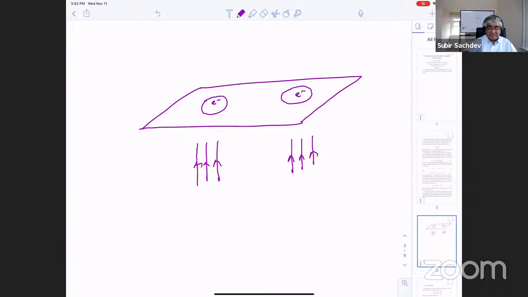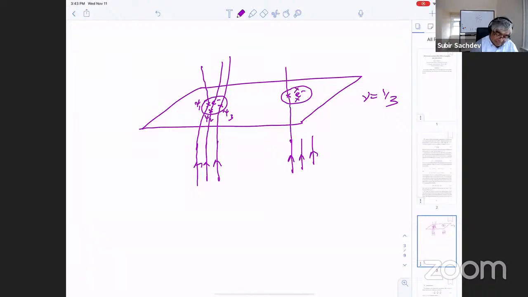So for each electron, there are 3 flux quanta coming in because you have nu equals 1/3. So what I'm going to say is that the electron is actually made up of 3 particles, psi1, psi2, psi3. And we're going to imagine that these flux quanta each act on one of the partons. So you have 1 flux quantum for each parton. So that's very crudely the picture.